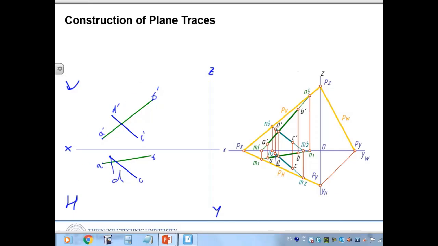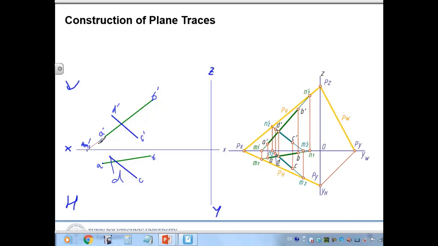And how to do now? We have to extend it until it reaches the X point. Okay, so the OX line. Then that makes a point M, M1 dash.